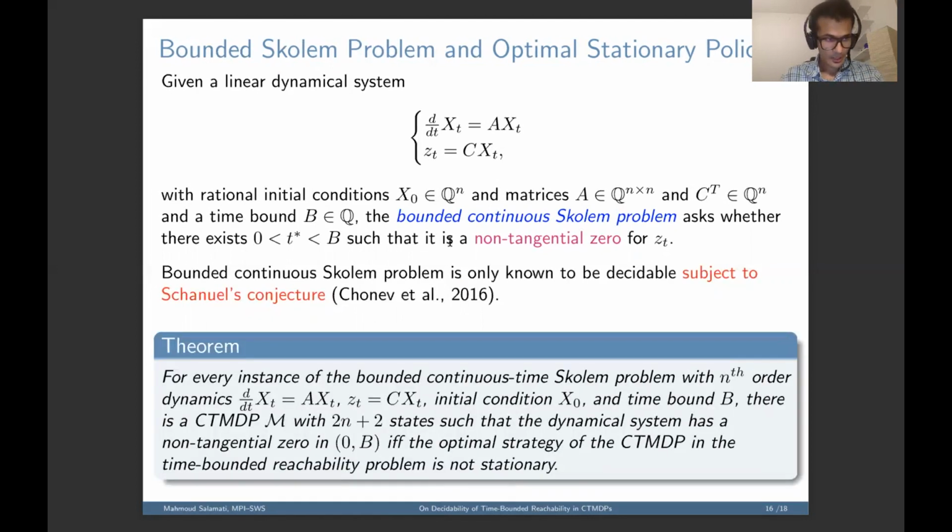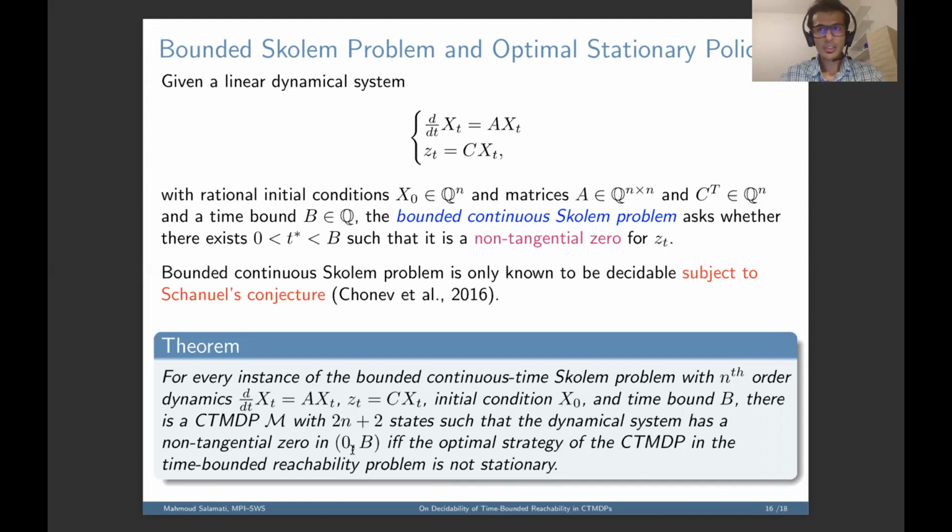So we proved that given any instance of the bounded continuous Skolem problem with an nth order dynamics depicted here, and rational initial conditions and so on, we can construct a CTMDP with 2n plus 2 states, such that the solution to the dynamical system has a non-tangential 0 within the desired time interval if and only if the optimal policy for the CTMDP and the specific instance of time-bounded reachability is not stationary.